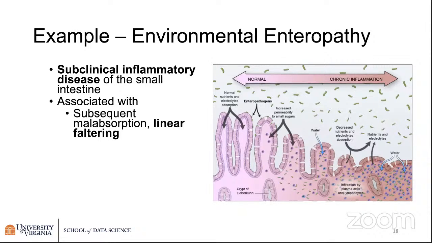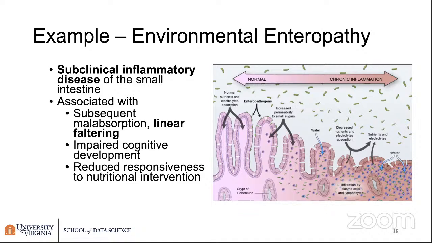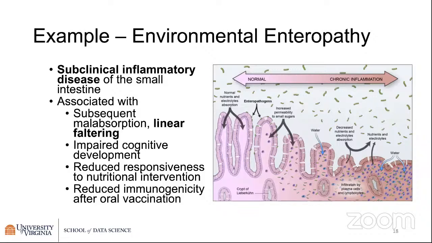Children with it are stunted. Impaired cognitive development, reduced responsiveness to nutritional intervention as well. So nutritional intervention, of course, is the first point that we take, and these children frequently don't respond well or at all to it. And also they don't respond to immunogenicity and vaccination, oral vaccination as well.